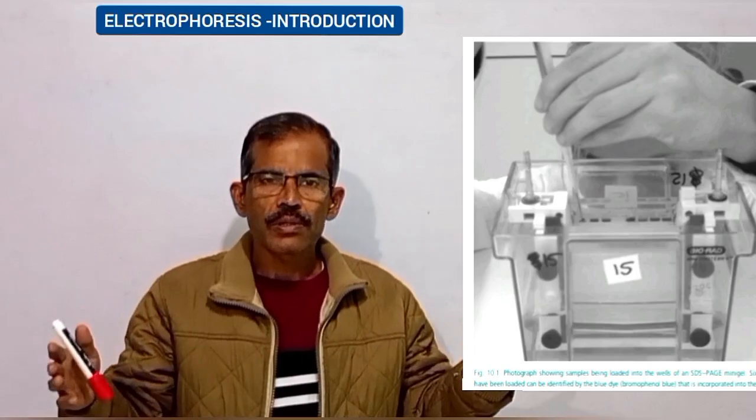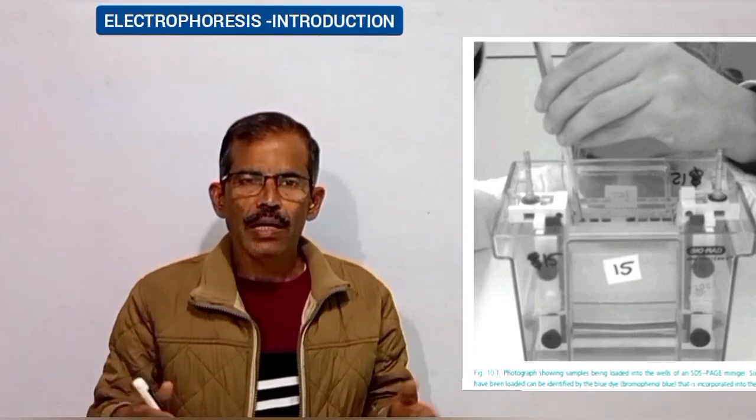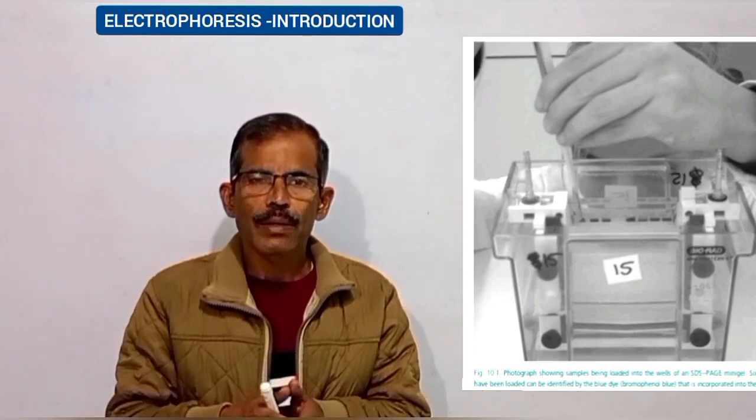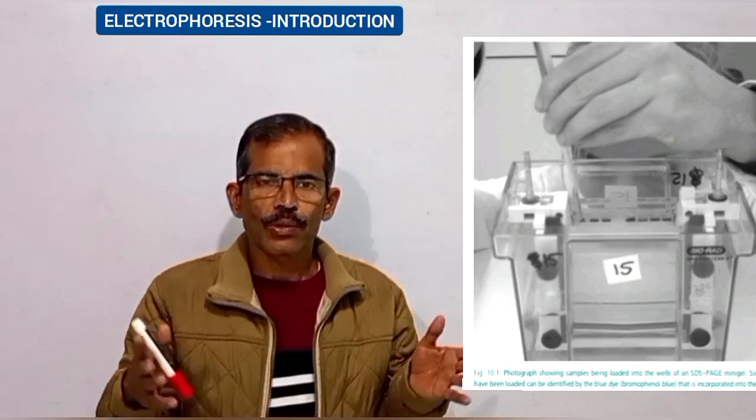If molecules have net negative charge, they will migrate to the anode, and if they have net positive charge, they will migrate to the cathode.